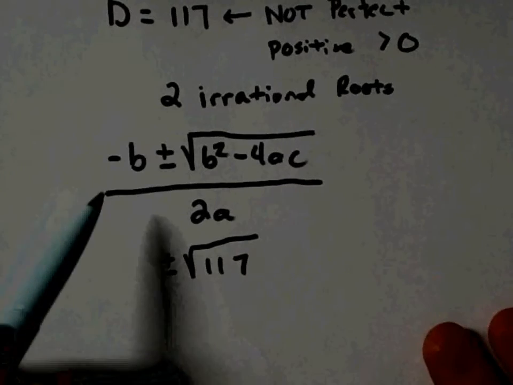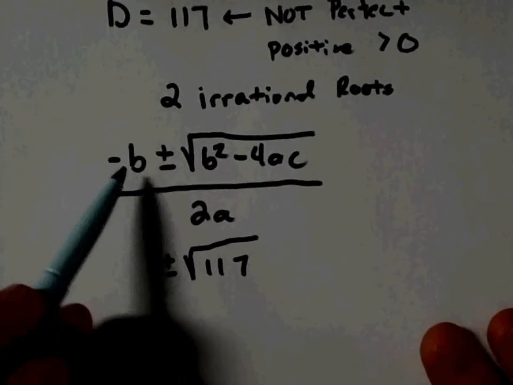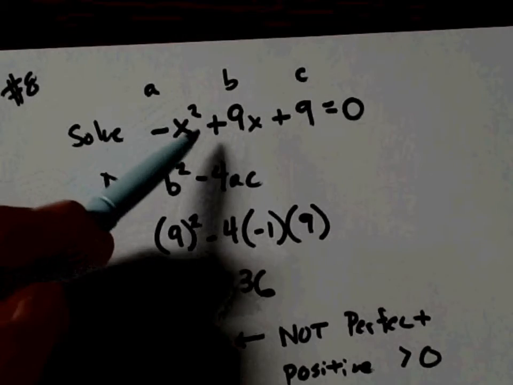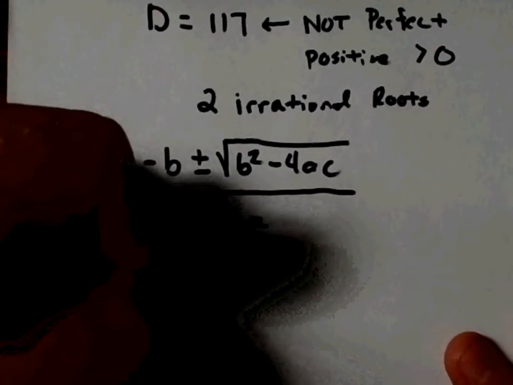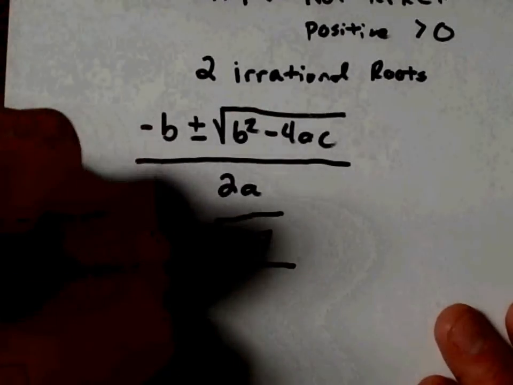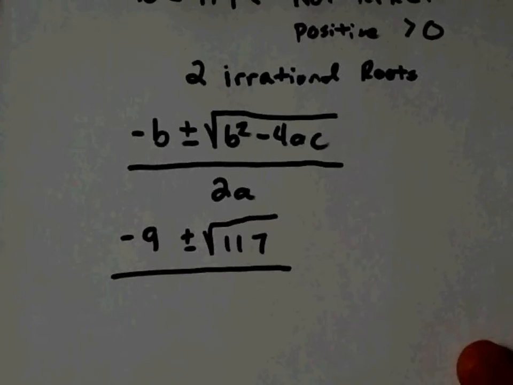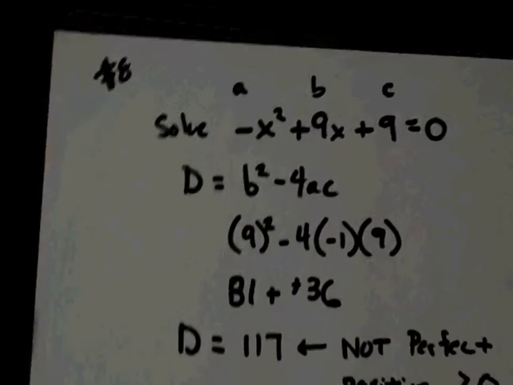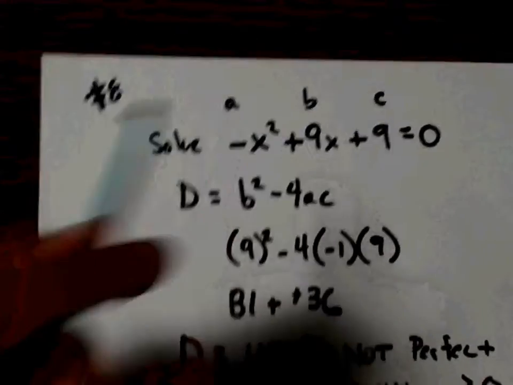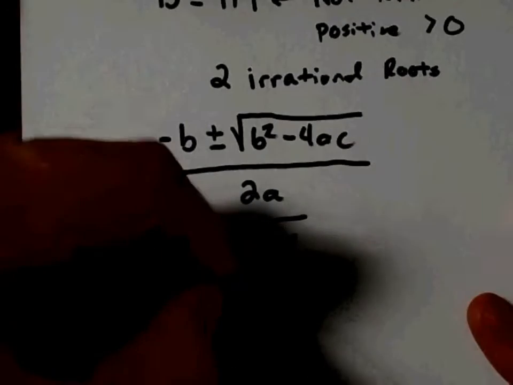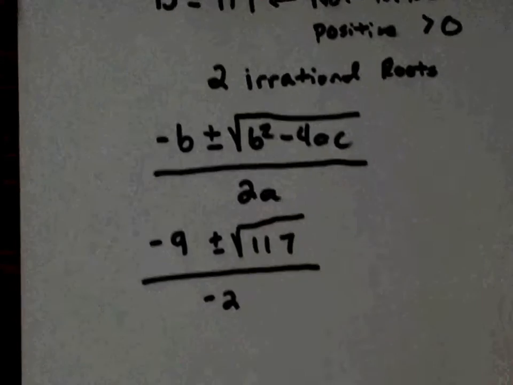And so now, negative b, my b is 9, so it's going to be -9 plus or minus the square root of 117 all over 2 times a, and a is -1. So 2 times a is -2.